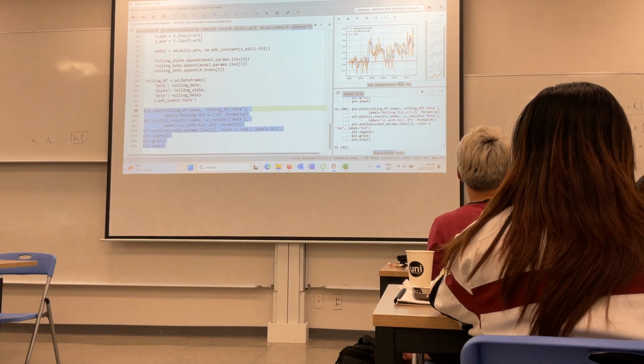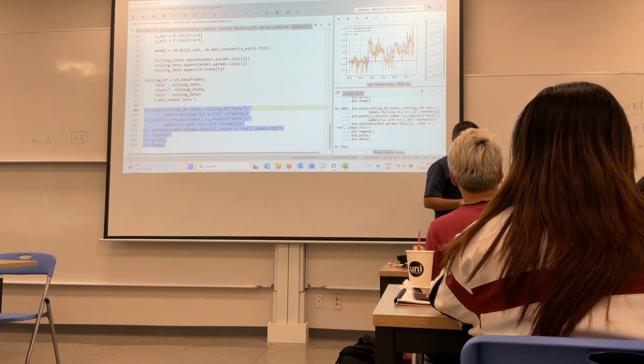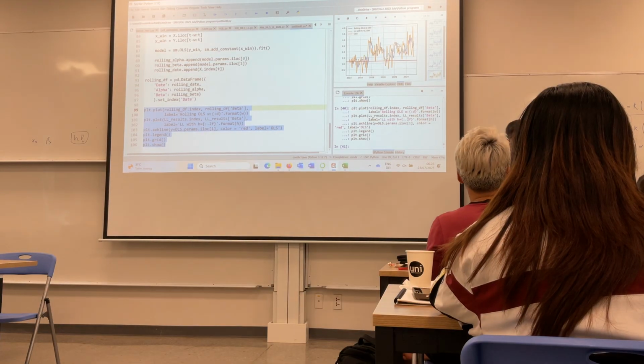So then what you could do is remove them from the sample. That's one way one deals with outliers.